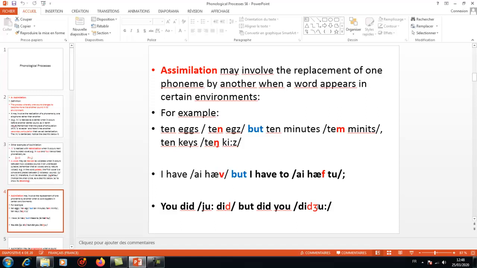It moves forward towards the place of articulation of the d, which is alveolar. So it becomes what we call a palato-alveolar sound or an alveopalatal sound here. So in assimilation, sounds tend to become more like each other because they are found in the same phonetic environment.